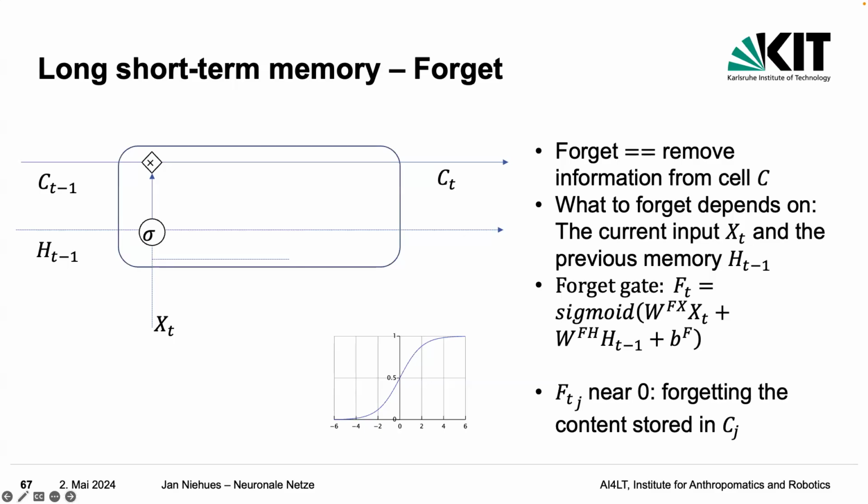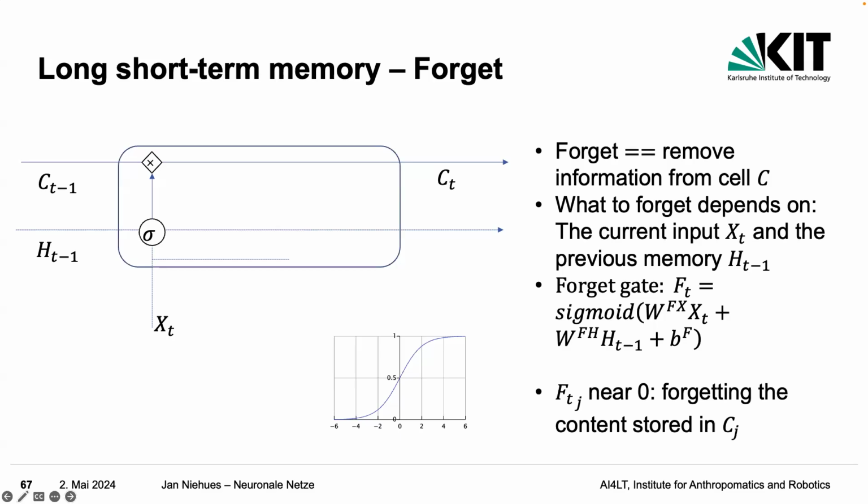So you can think of a scaling mechanism exactly like this: you multiply your cell state C with either a value 0 or 1, and whether it's 0 or 1 is decided based on that.